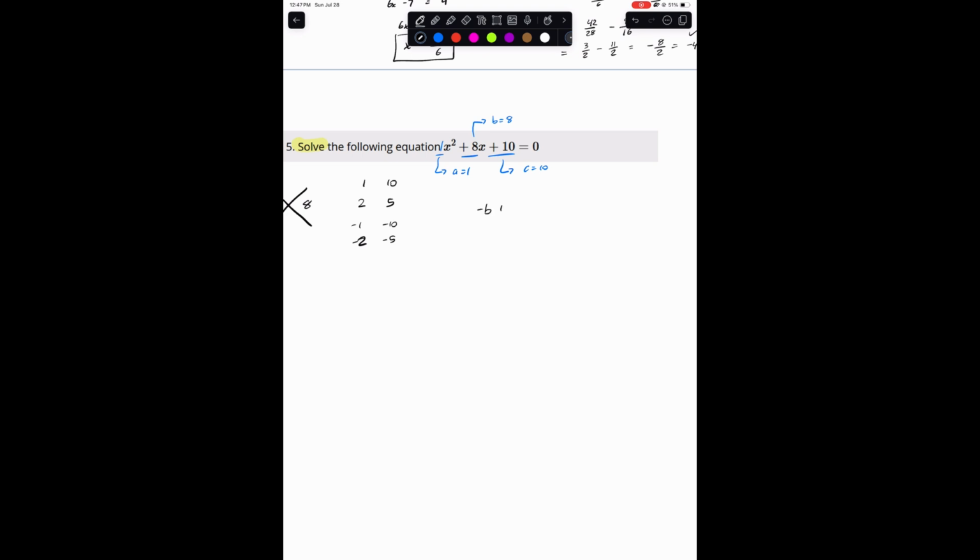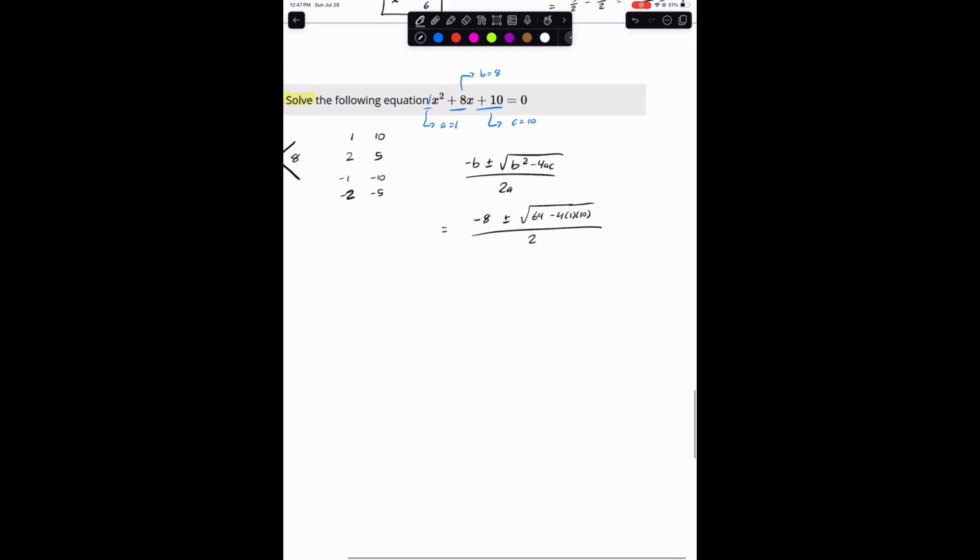So we have negative B plus or minus the square root of B² - 4AC, over 2A. We get negative 8 plus or minus the square root of 64 minus 4 times 1 times 10, all over 2 times 1, so it's just 2, right?